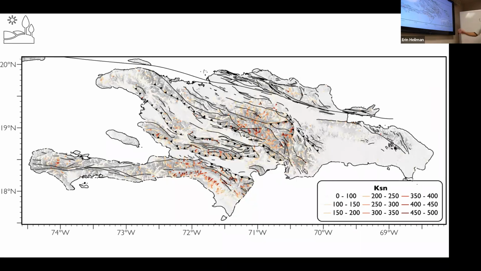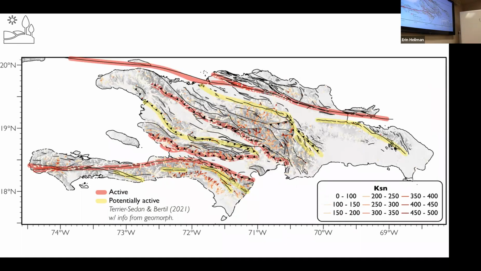And then we can plot the KSN over the digital elevation model and then revisit the areas of potentially active deformation that were pointed out in this 2021 paper. And we can think about the concept of high chi, deformation, and uplift on timescales of thousands to 10,000 years maximum.